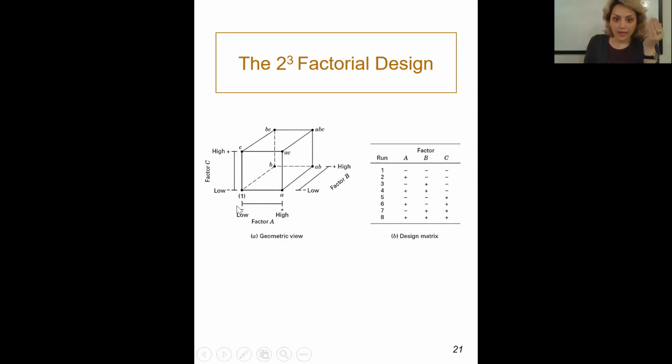For A, low and high, it means that I have to be on this surface, right? For factor C, low and high, it means that I have to be on this top surface to find the positive one. So far I have this surface on the right and the surface on top, if you look at this cube.